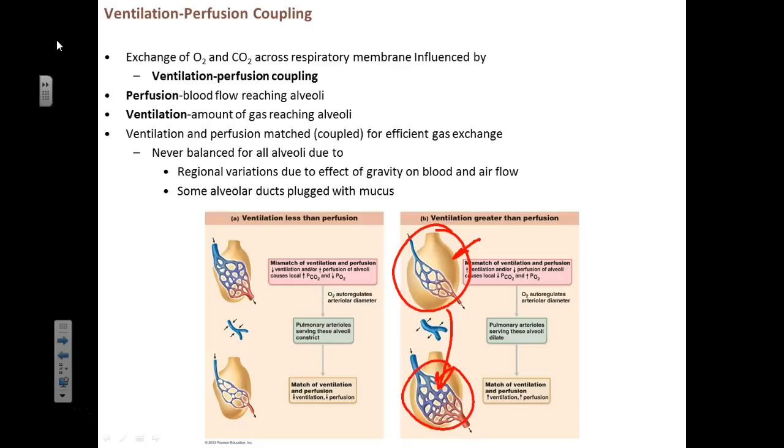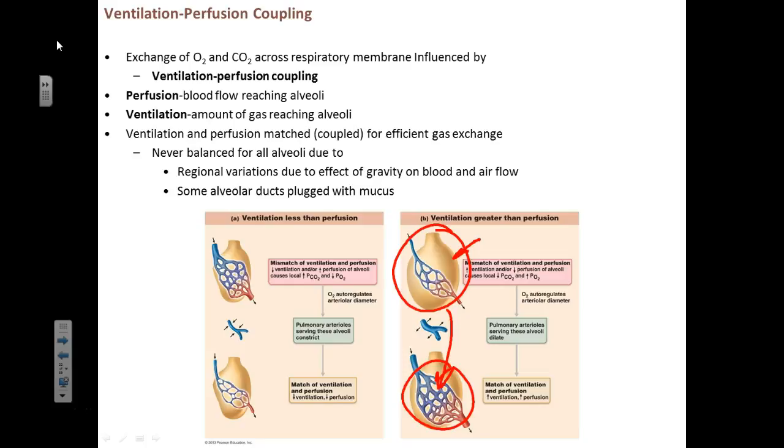Does that make sense? More blood will flow to the area of the lung that has more oxygen, and that oxygen will be picked up and delivered to the tissues. Make sense? Like people going on Black Friday, people go to the store which has the most doorbusters, right?